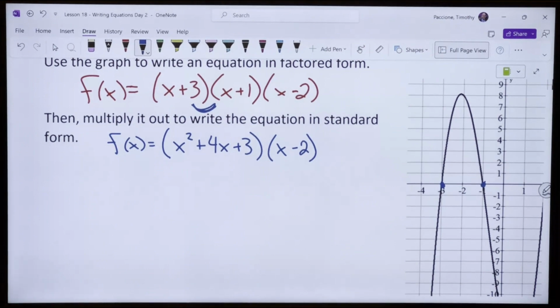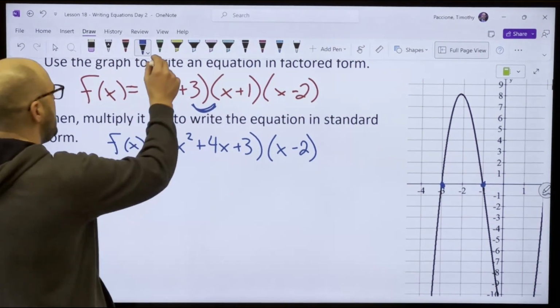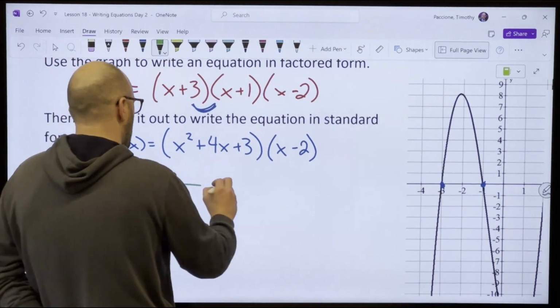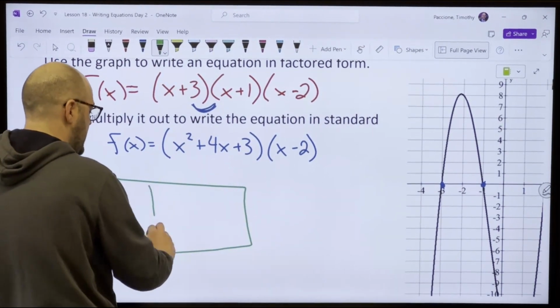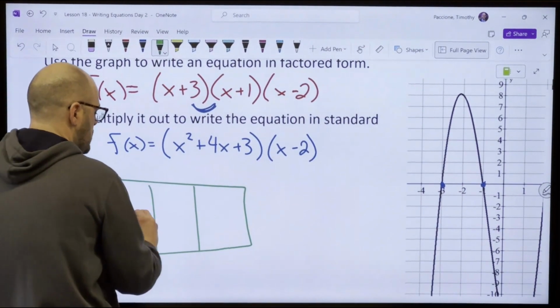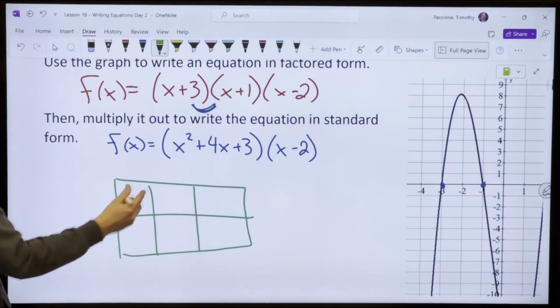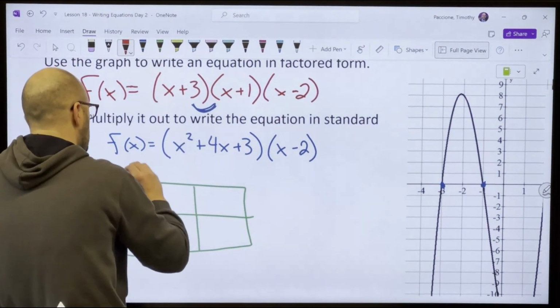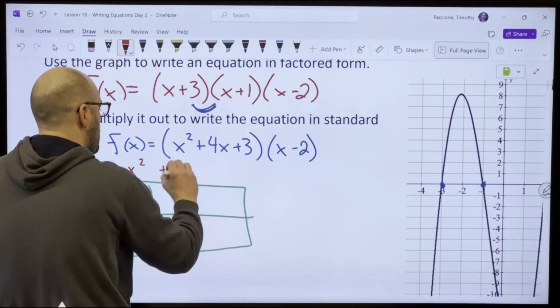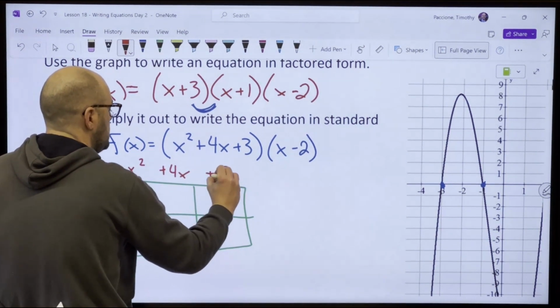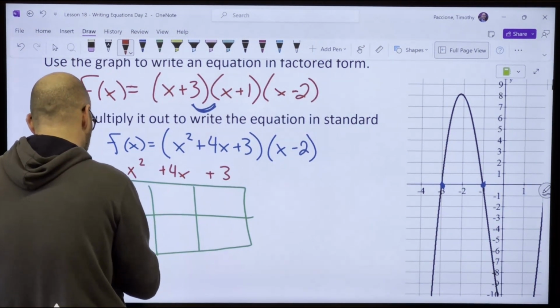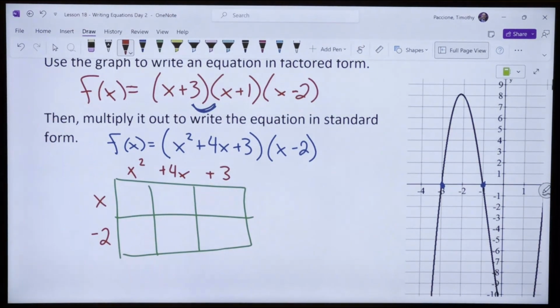Some students don't, but I recommend it. This we haven't done as much, so I'll do it, right? You get 3 boxes on the top, 2 boxes on the side. And I have x squared, 4x, and 3. And I have x, and I have minus 2. And I do every box, right?